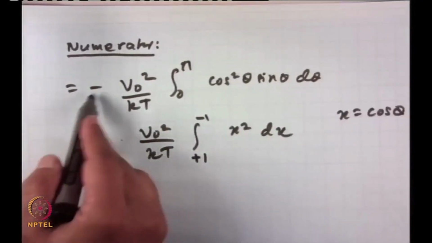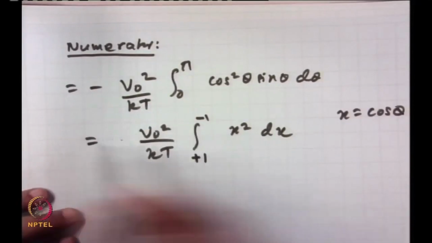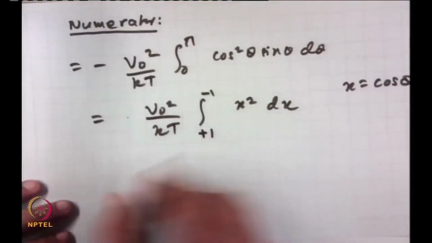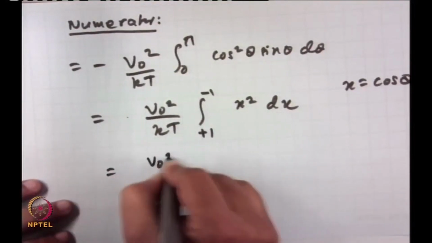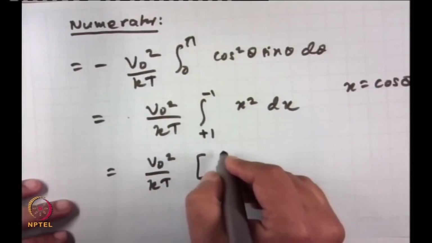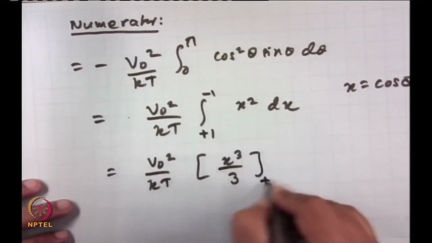We had a negative out here, and this negative is cancelled because of this. What do we get from here? V0 square by kT. Now it's not x square by 2 anymore. What is it? X cubed over 3, from 1 to minus 1.